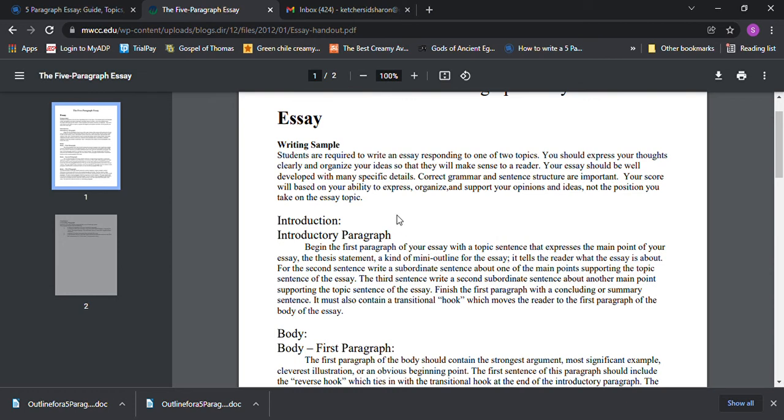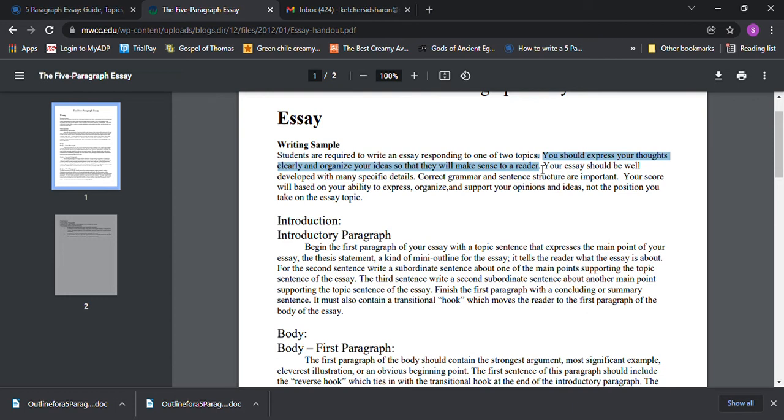when you're writing an essay, you should express your thoughts clearly and organize your ideas so that you will make sense to the reader. You have to understand that you've got this all in your mind, and you can't assume that they know what's in your mind and they know what you're talking about. A lot of people talk to someone else and assume that they already know what they're talking about.